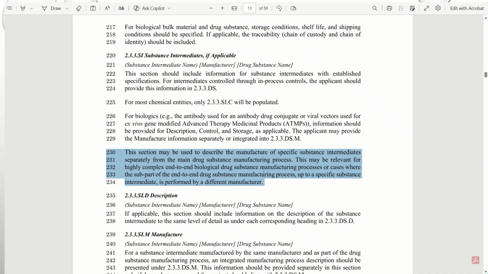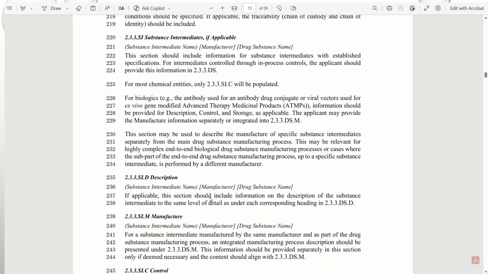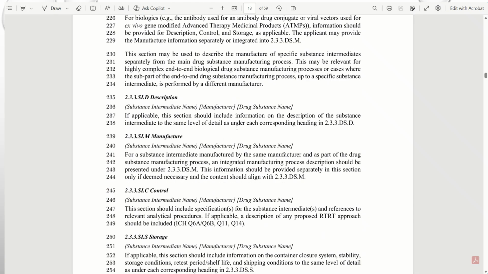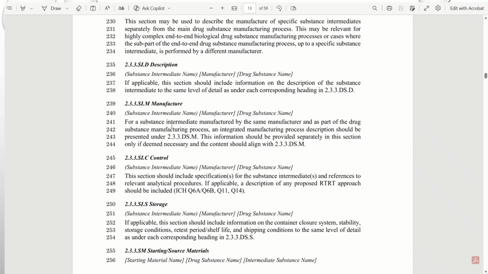Yeah. So this is the description for substance intermediate manufactured by the same manufacturer and as part of drug substance manufacturing, or it can be integrated. Manufacturing process description should be presented under 233 drug substance manufacture.